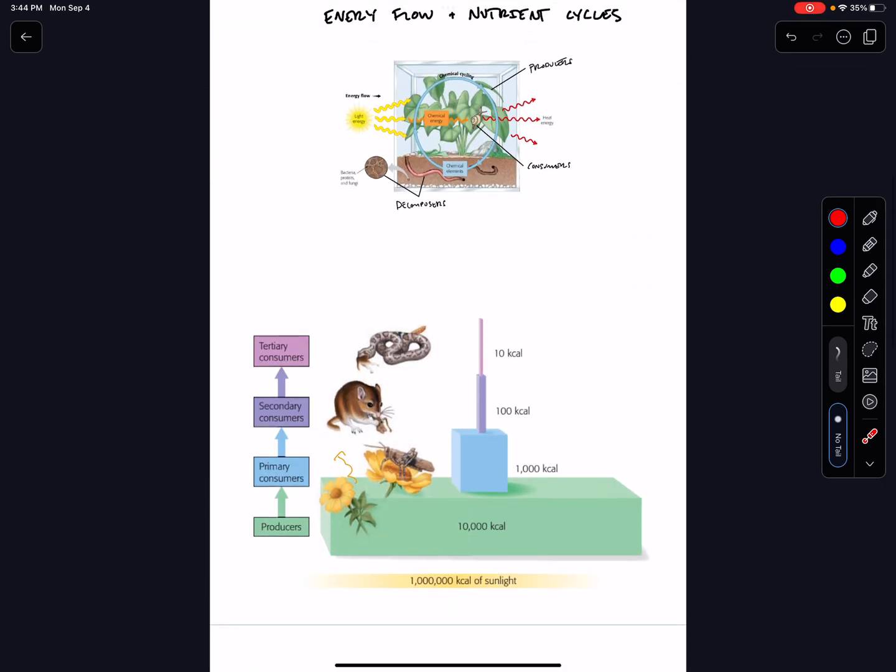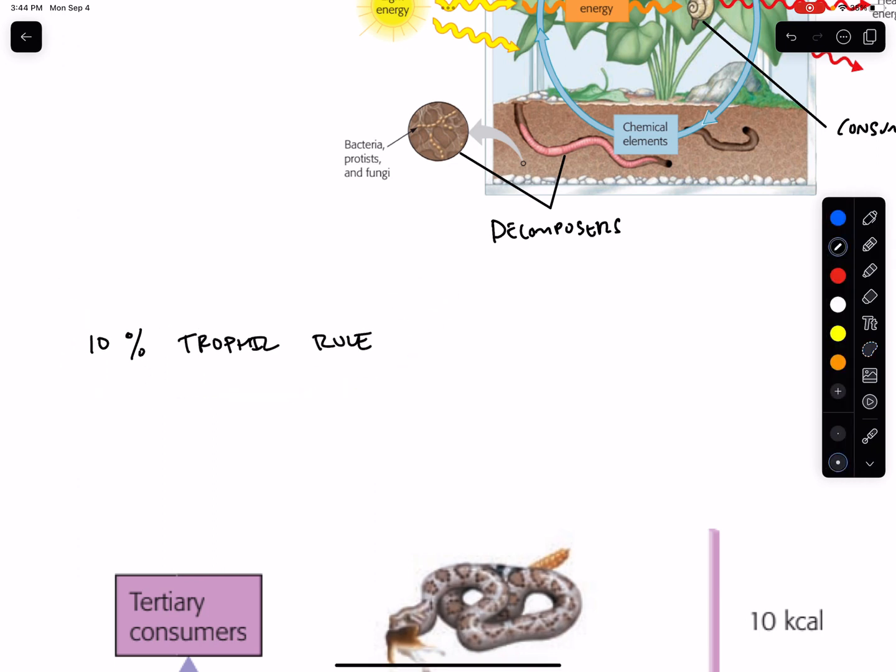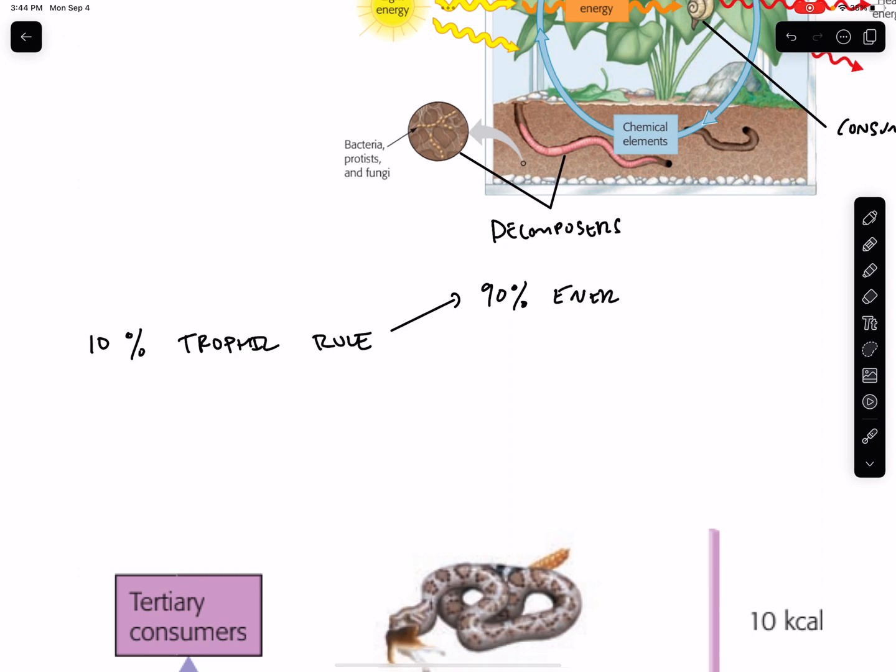Okay, we're going to introduce an idea in today's screencast called the 10% Trophic Rule. And this is an energetic constraint of any ecosystem, which is that as you move up the food chain, up what's called the trophic level, 90% of the energy is lost as heat.